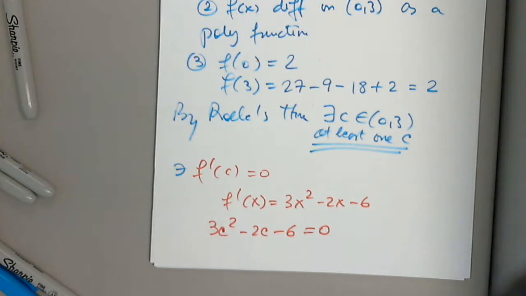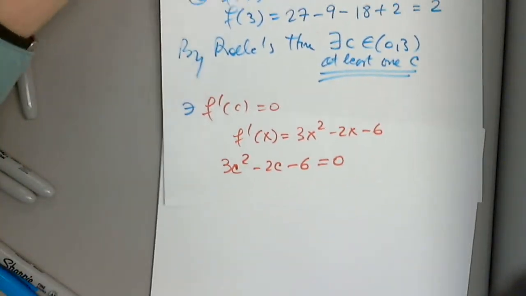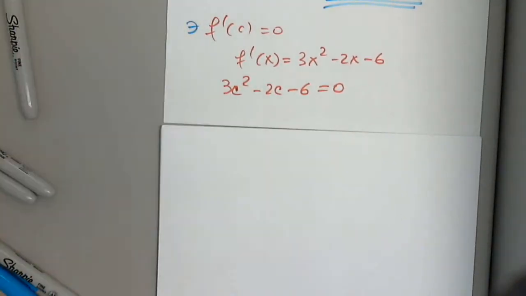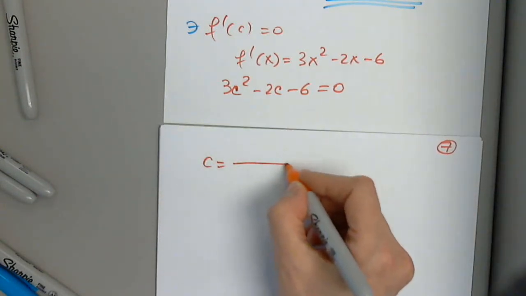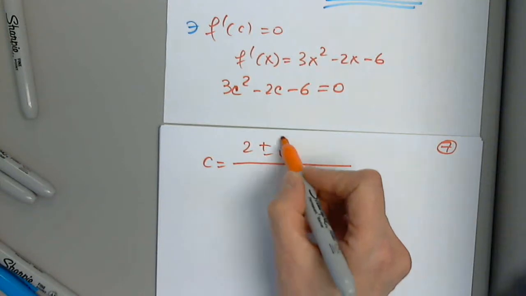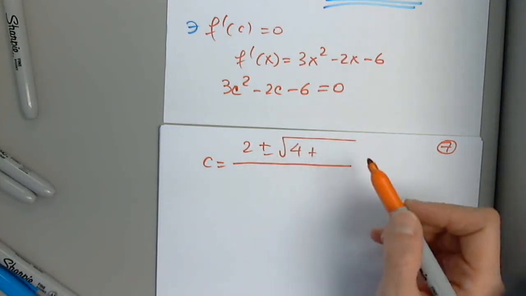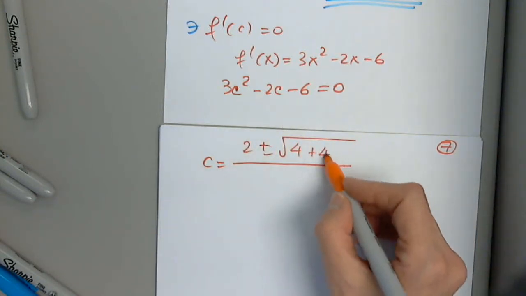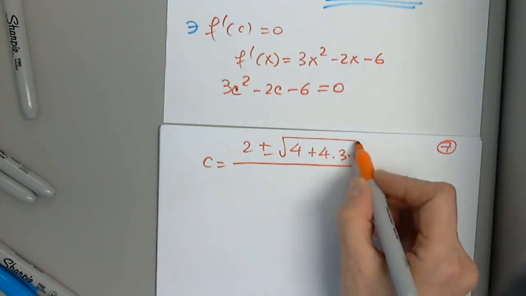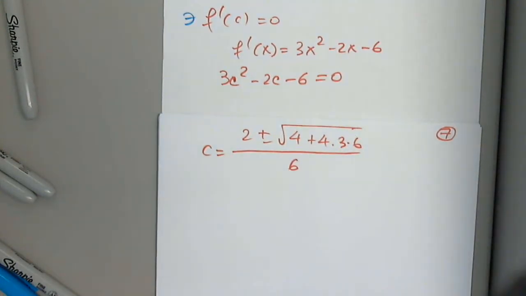So let's solve this equation. c equals negative b plus or minus the square root of b squared minus 4ac, over 2a: 2 plus or minus the square root of 4 minus 4 times 3 times negative 6, divided by 6.